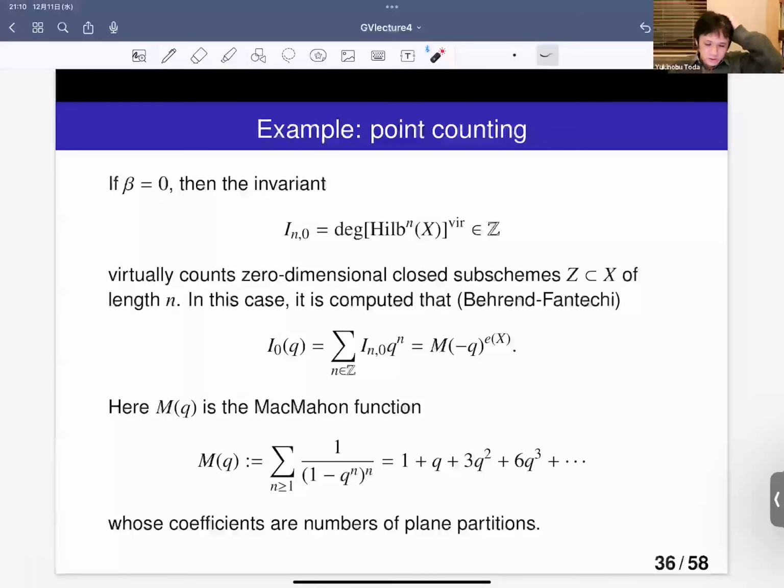But before that, there was a computation in the degree 0 case, that is when beta is 0. In this case, the moduli space which defines this invariant is the Hilbert scheme of points. So this is not curve counting, but point counting.